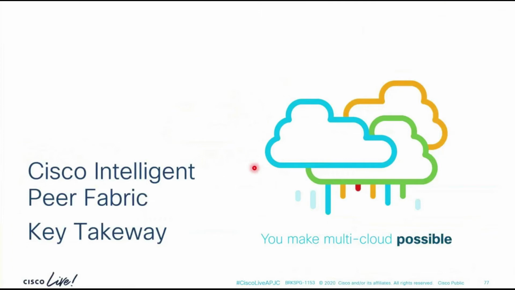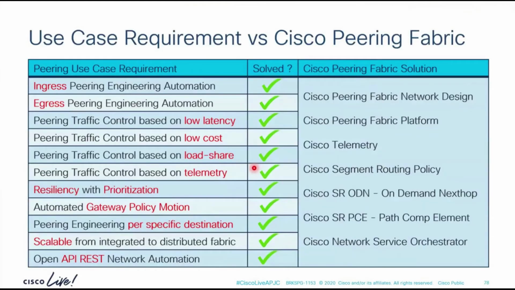I'd like you guys to have the key takeaway. We have built our automation to solve all these peering use cases: the ingress peering automation, the incoming, based on low latency, low cost, and telemetry, and also the egress, the outbound automation, based on these parameters all together, as well as inbound, ingress, and egress outbound resiliency with prioritization, in a very simple manner.